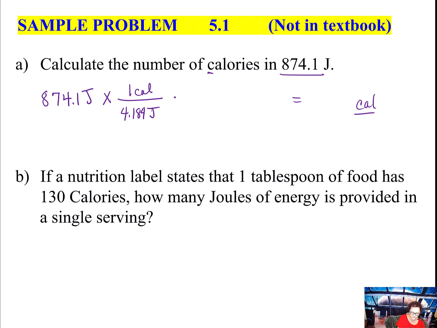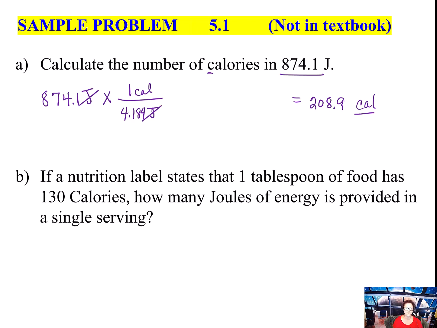Then I simply do the math. It's pretty simple in this case. Joules will cancel. It will leave me with calories, and you should get 208.9 calories. So it's just important that you can do those conversions, because some of the problems that you will use are going to need you to convert from one to the other.